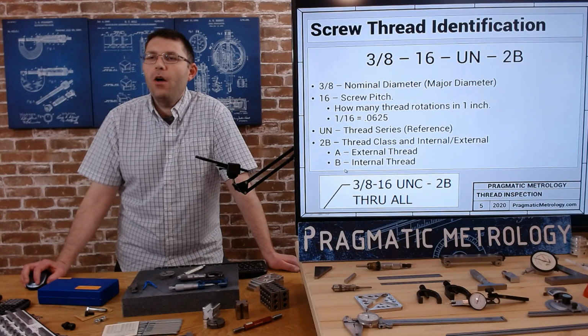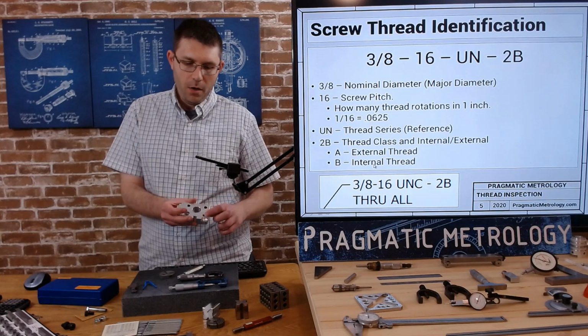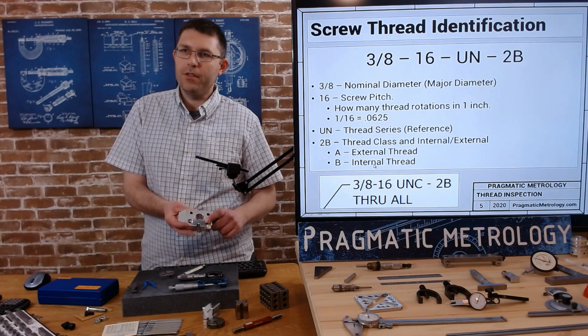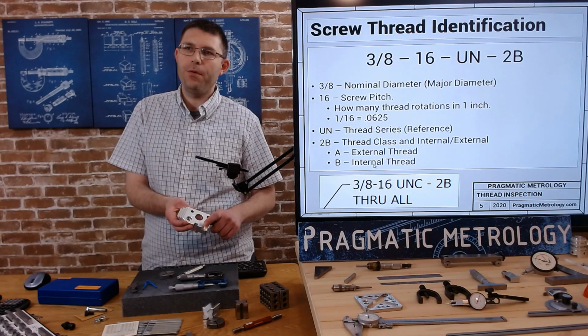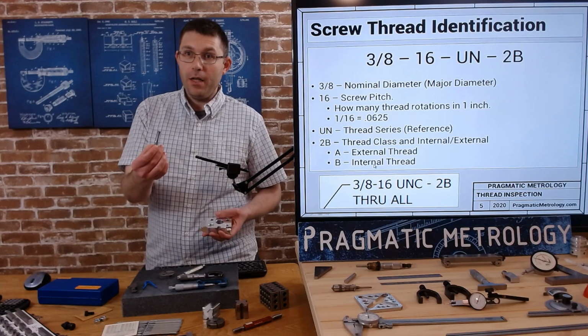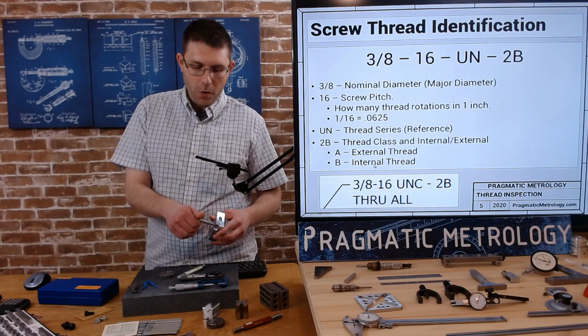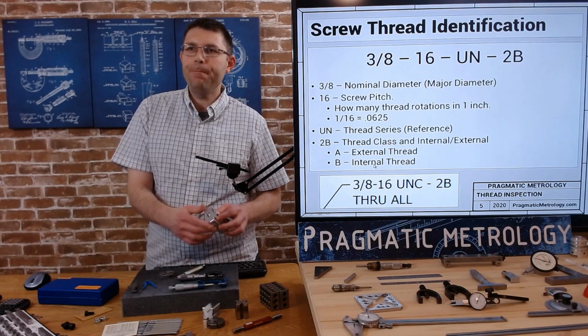A B callout is an internal thread. So this tapped hole on the angle block here is called out as a 2B because the B represents internal thread. The A represents external thread. So that might be like the bolt that goes into the hole. So the bolt would be A, the hole will be B.